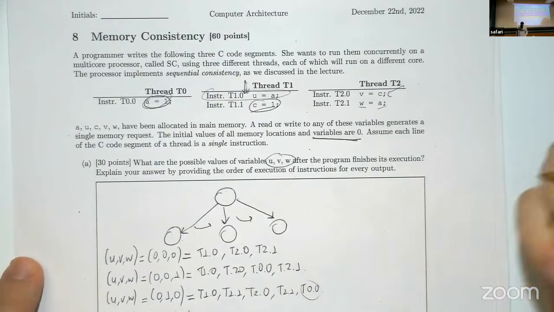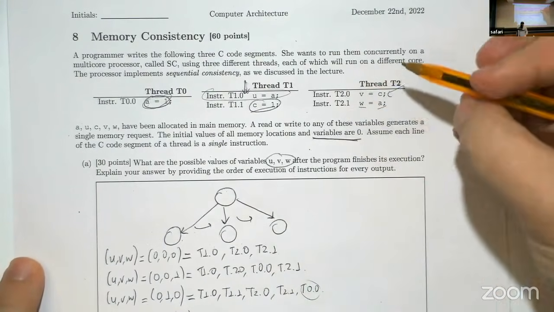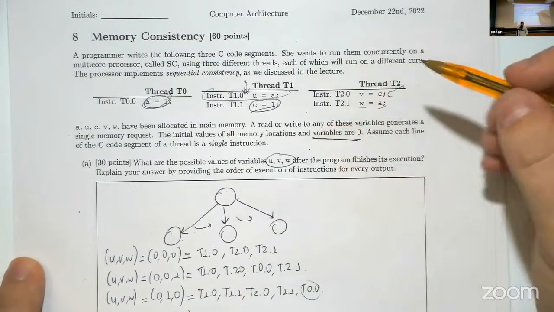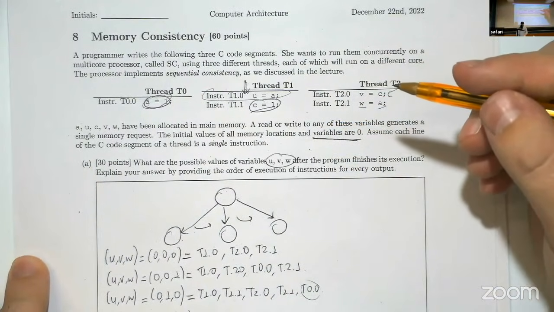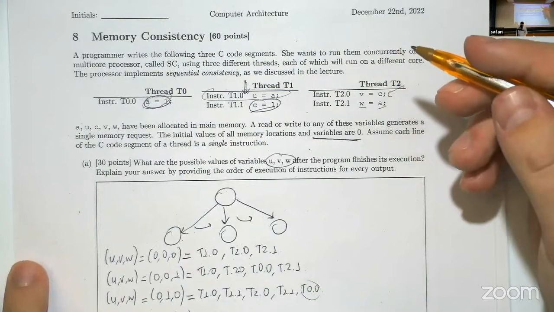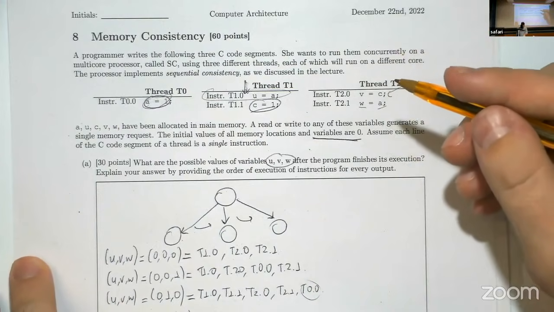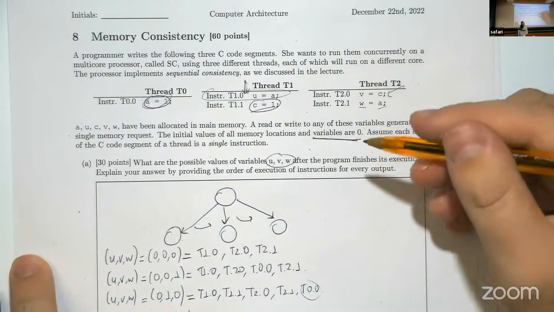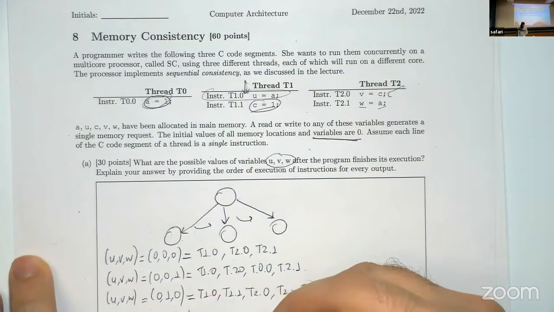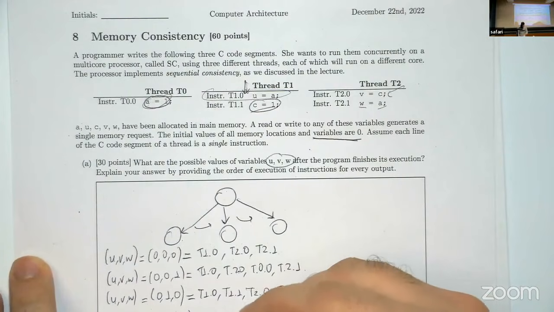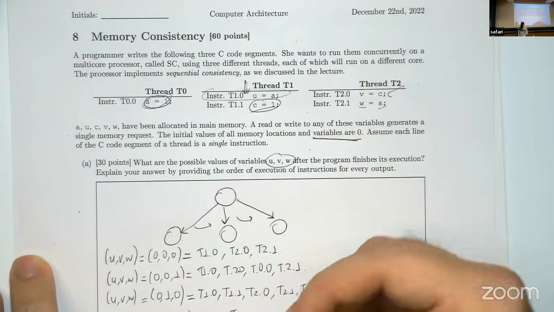So we set with T1, 0, we set U to 0. And then we need to set V to 1. T1, 0 and T1, 1. Correct. T1, 0 again.